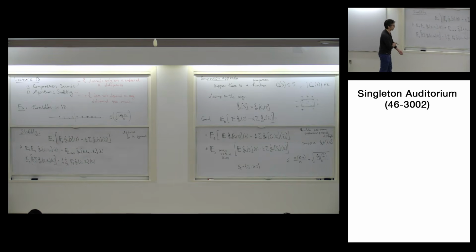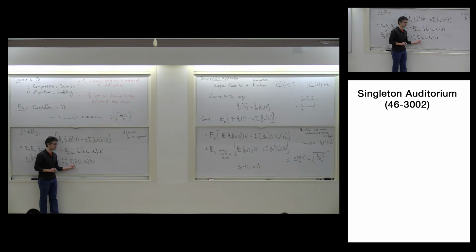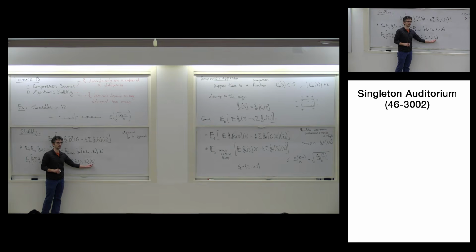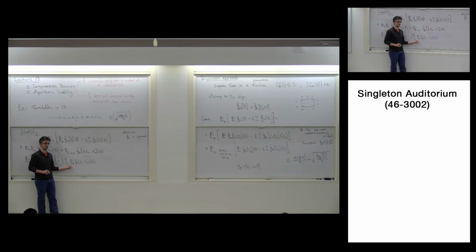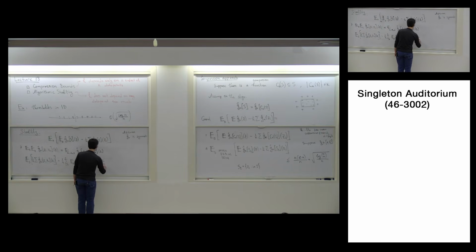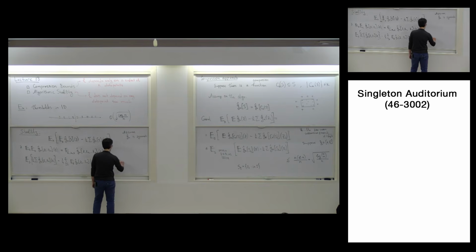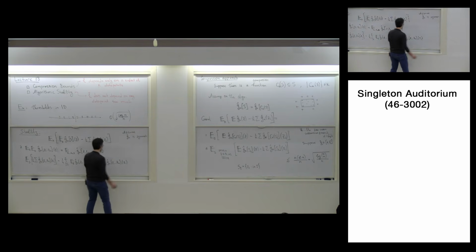I haven't done anything except push the expectation in. I take an expectation over the data set, look at the function trained on the data, and evaluate it on the ith point. But because this algorithm is symmetric, all of these terms are the same. The order doesn't matter. Just by symmetry, it's clear that this is equal to the expectation over the data set of G n hat trained on Z1 through Zn and evaluated on, let's say, Z1. I can pick any one, but let's pick Z1.